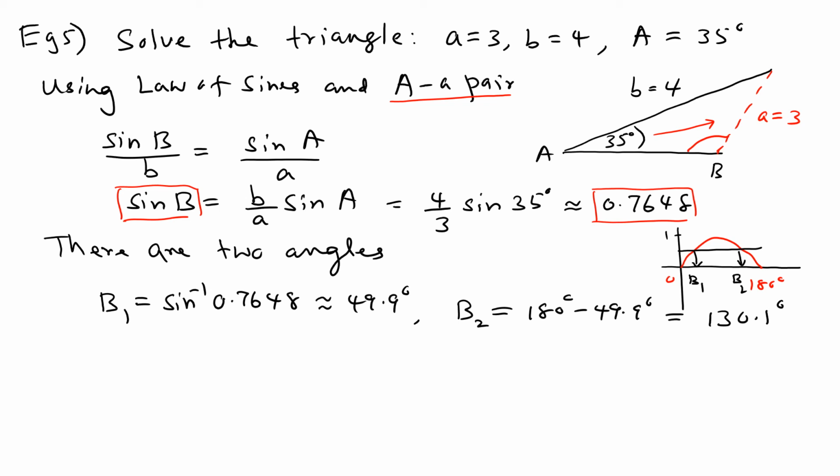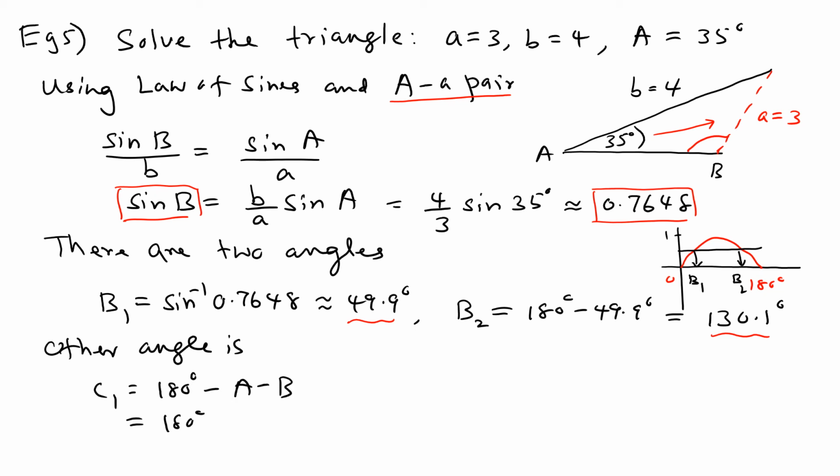Now, corresponding to these two angles, there are corresponding C angles. There are two triangles now. So the other angle C1 is 180 minus A minus B. Plugging in, it is 180 minus 35, that's A, minus the 49.9 value, and in this case you're going to get 95.1.